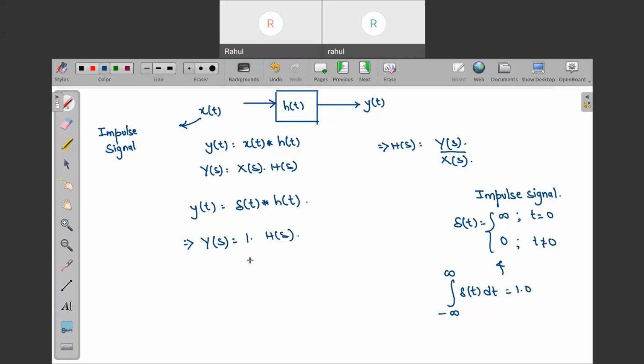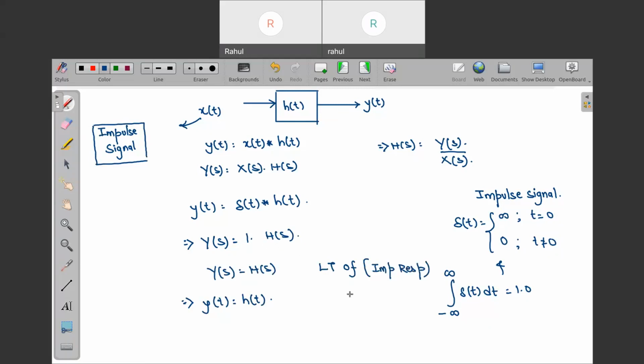If I take the inverse Laplace transform, y(t) is equal to h(t). So there is one more definition of transfer function: the Laplace transform of the impulse response is the transfer function.